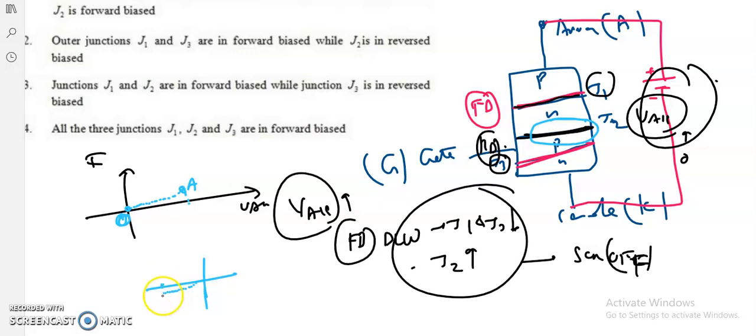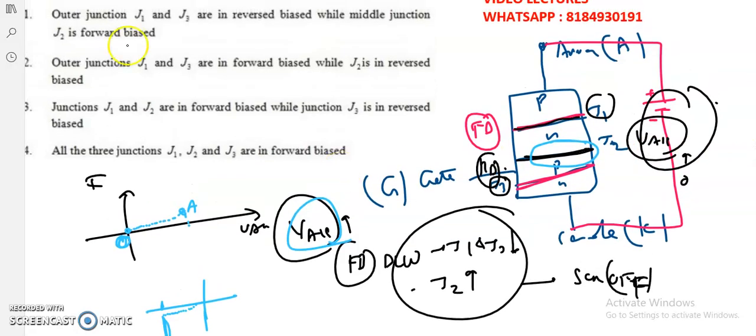After crossing the breakdown voltage, a huge amount of current flows due to the breakdown of the covalent bonds in the diode or the silicon control rectifier. The same case here. So up to a certain VAK, J1 and J3 maintain forward bias and J2 maintains reverse bias, and after crossing the breakdown voltage, the J2 junction goes into the breakdown condition. Due to this, a huge amount of current flows.